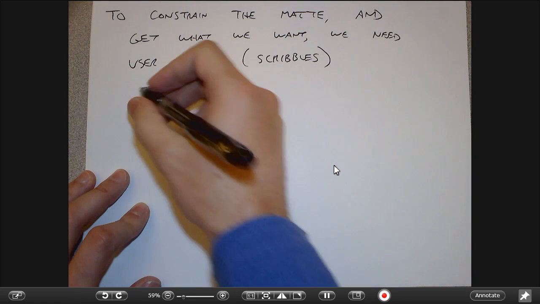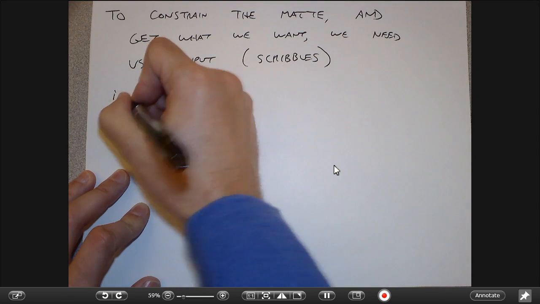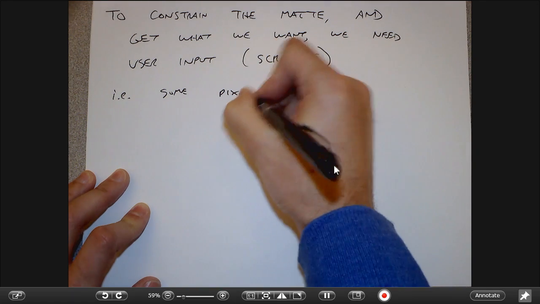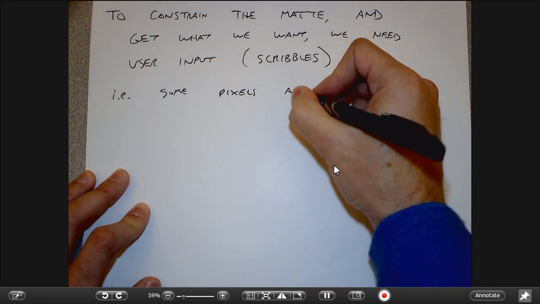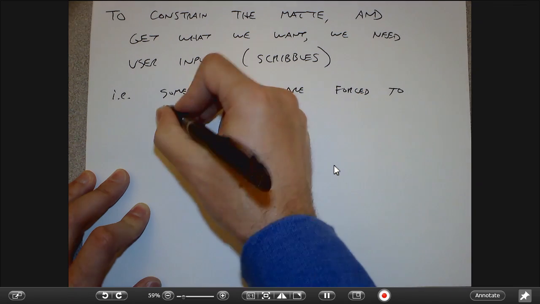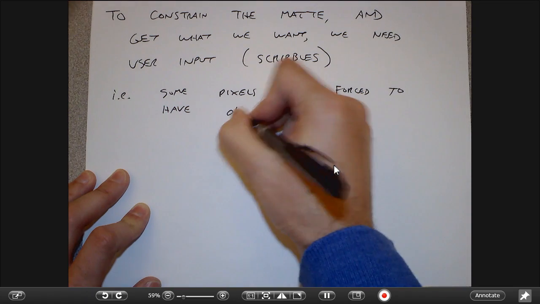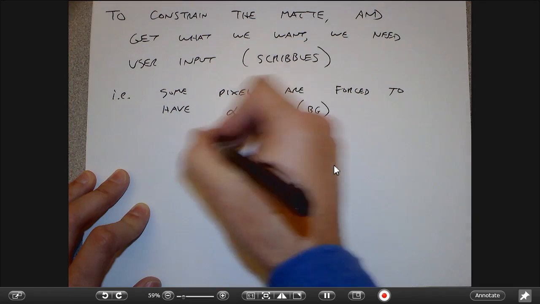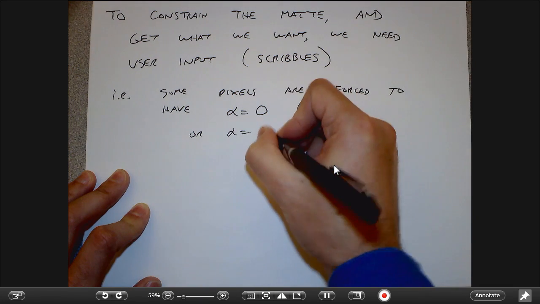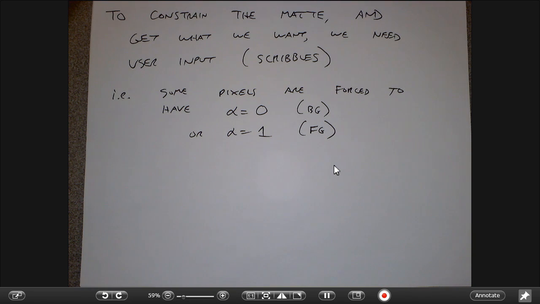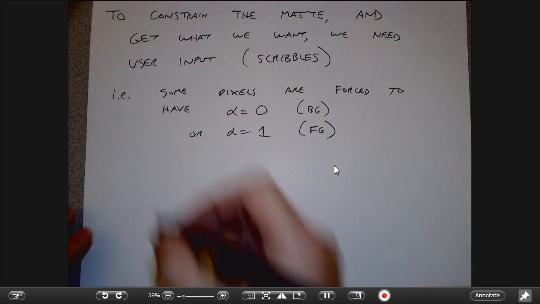Basically what that says is that there are some pixels that are forced to have alpha equals 0, right? That means that we know that those are background, or alpha equals 1, we know that they're forced to be foreground, right? And so really the problem that we want to solve is something like this.